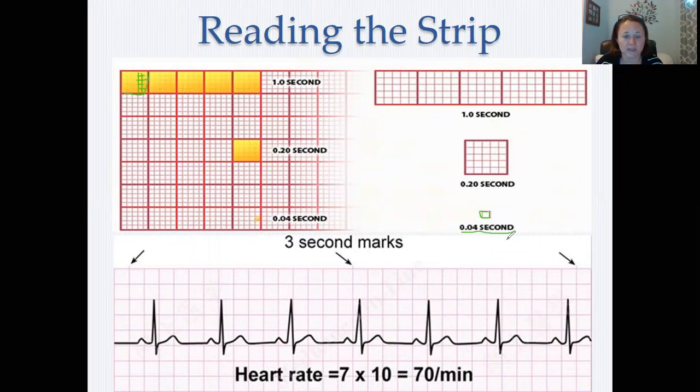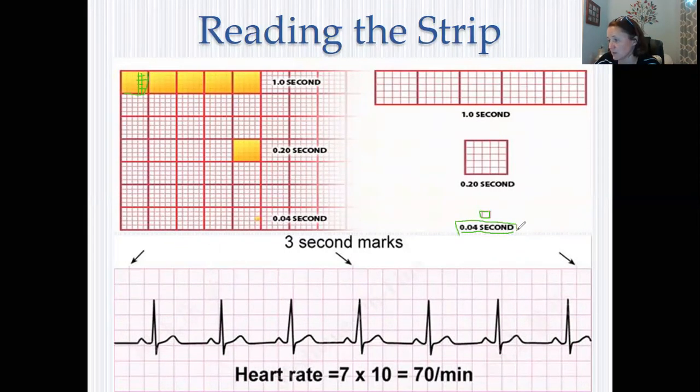So these boxes are representing an amount of time. When we're reading the strip, we're actually measuring how much time it is taking for electricity to travel from one part of the heart to the next. You are going to have to memorize these numbers. You are not going to be successful if you do not memorize these numbers.